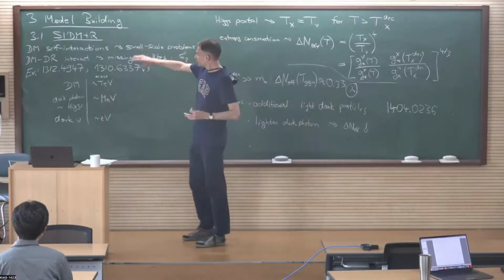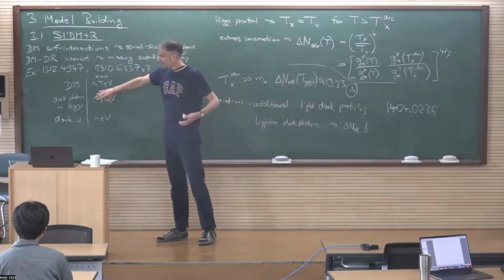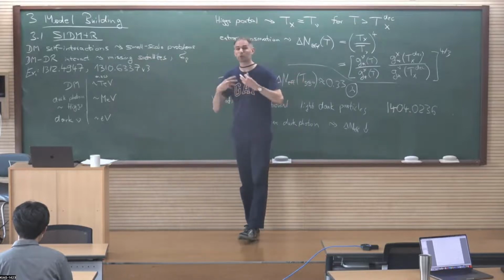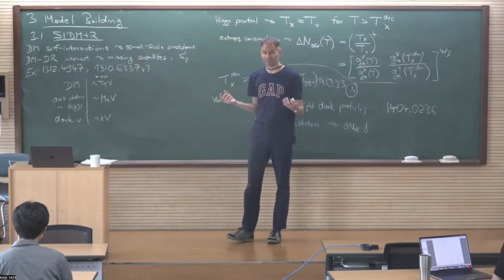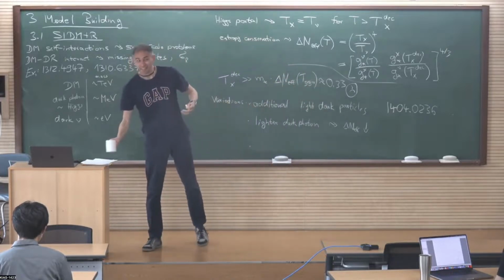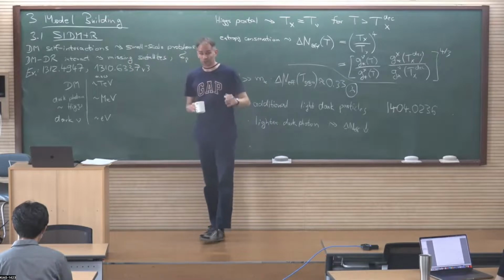Due to these new interactions with the dark photon, you can suppress these oscillations at high temperature, but eventually they will kick in and produce dark neutrinos. That's essentially bad because you will then violate the cosmological bound on the neutrino mass.